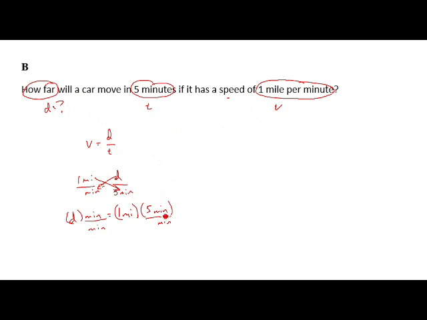I do it to one, gotta do it to the other. That cancels out. Distance then equals 5 miles. There's one significant figure in each, and that is good to go.